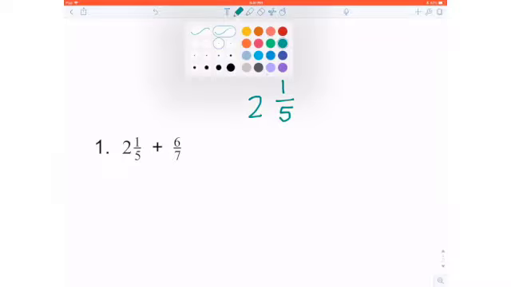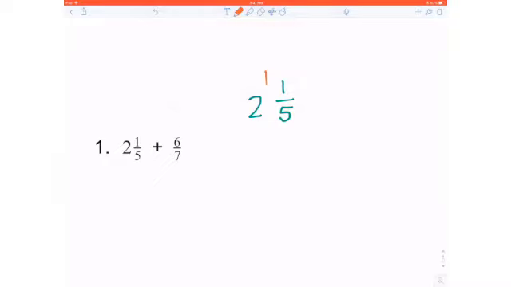I'm going to draw a line here to separate the whole number from the fractions. Okay? So as we're adding, we're going to put the whole numbers on one side and the fractions on the other.